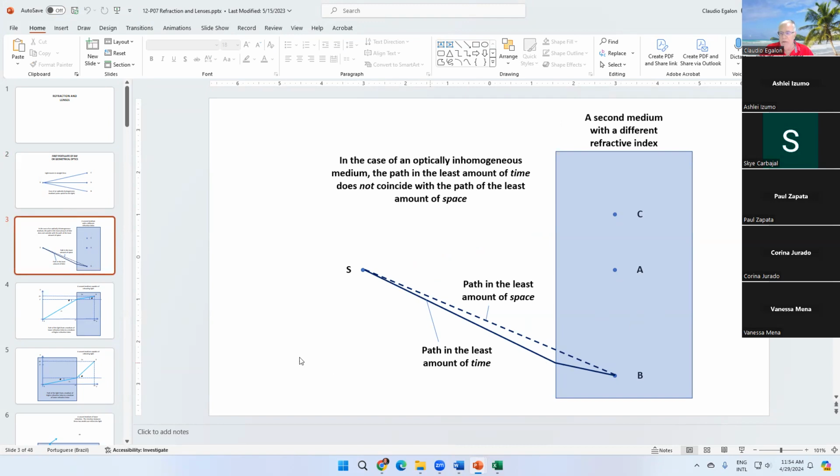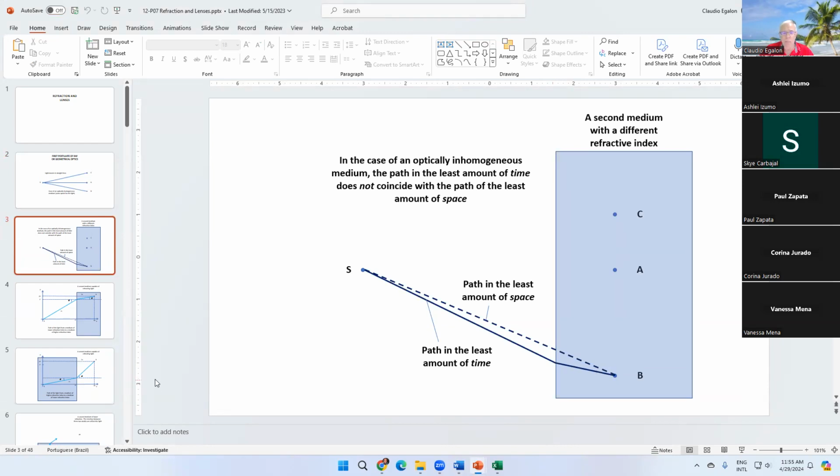In this case, we have air here and a second medium, a glass, for instance, or water. So light is traveling through a medium that's not homogeneous. One refractive index from here to here, another refractive index from here to here.